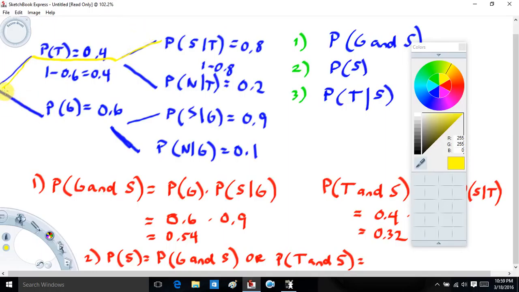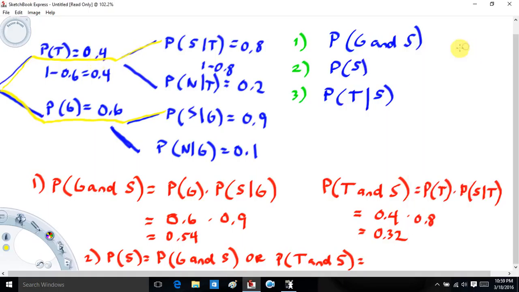Or you had Coach George and you got a scholarship. So it's 0.6 and 0.9, which is this right here, and 0.4 and 0.8, which is this path right here. So the sum of these two is going to be 0.86.